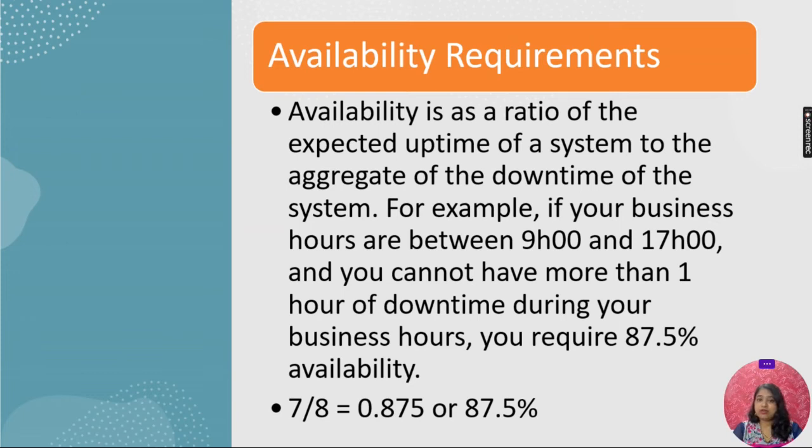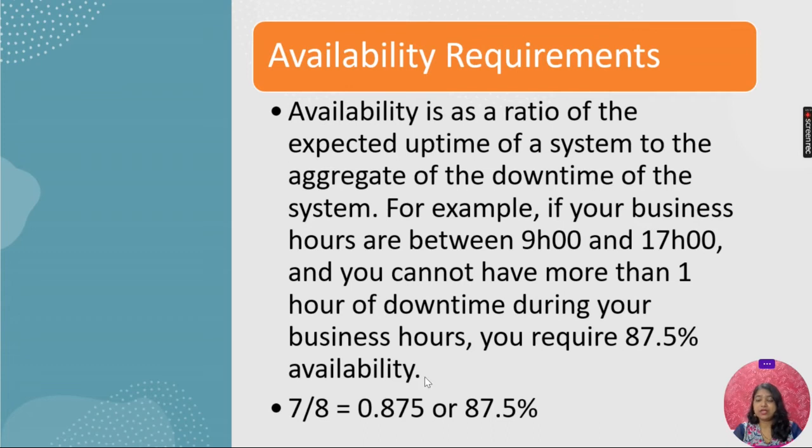For example, your business hours are between 9 to 17, and you cannot have more than 1 hour of downtime during your business hours. So we require 87.5% availability. That means out of 8 hours, 7 hours our system should be available. That means 7 by 8, that is 87.5%.